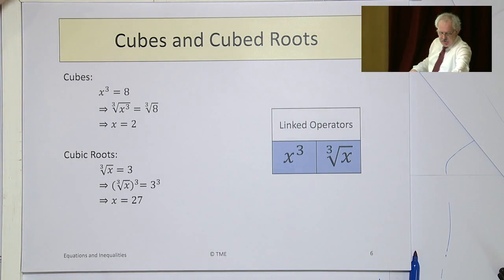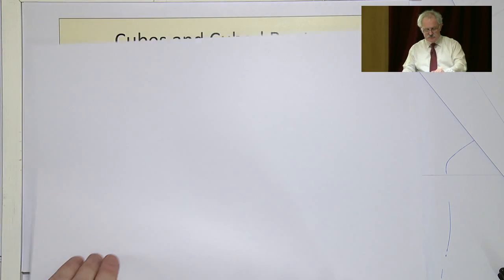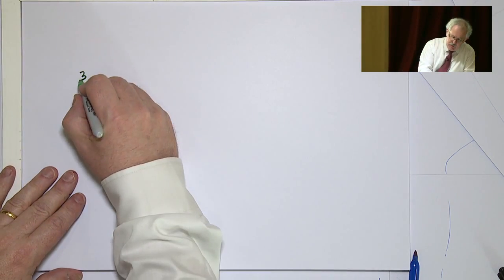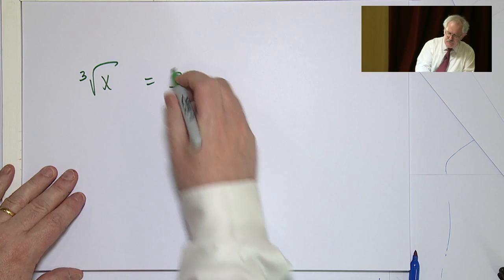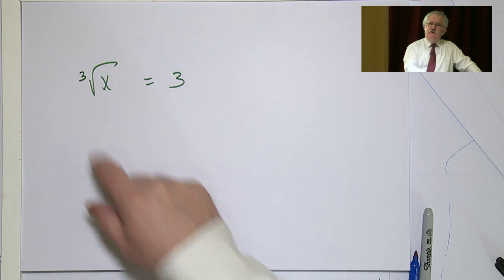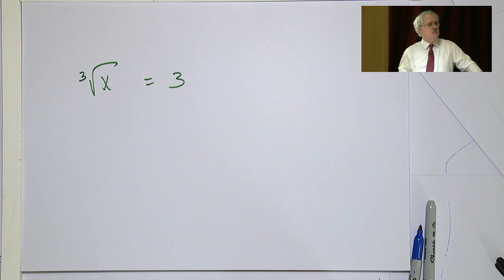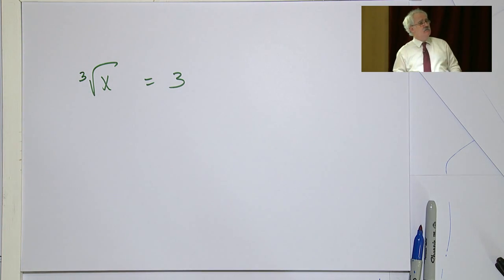The next one is the cubic root of x is 3. What's x? I don't know. But what's the opposite of the cubic root? What's its partner? Cube.